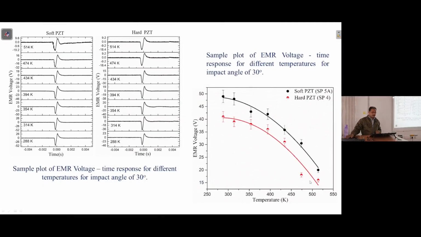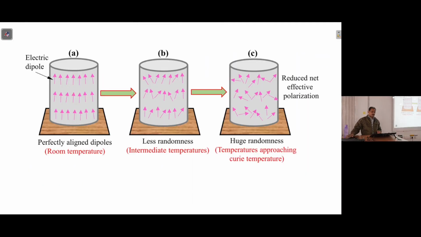Let's see. Yeah, so here just to explain the reason. These ferroelectric materials can always give their properties only up to a certain temperature, right? I guess those who are working with them know it already. The name is also here.